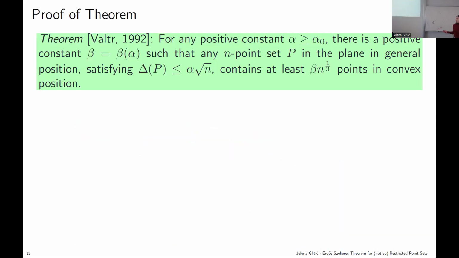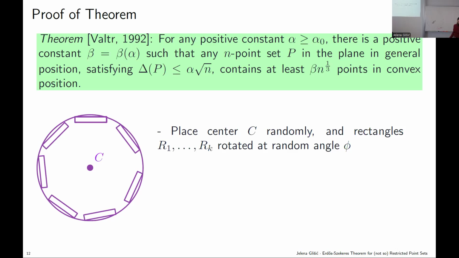And now that I have the lemma, I can prove the theorem. So I will place the center C of my circle randomly, and I place my rectangles of unit area at some random angle.